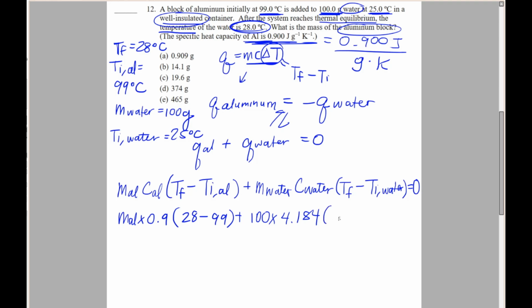And then the same final temperature, 28, minus 25 as our initial temperature of the water. If you plug everything into the calculator and simplify, you should get that the mass of the aluminum is approximately equal to 19.64 grams. And that looks like option C. So our answer is C.